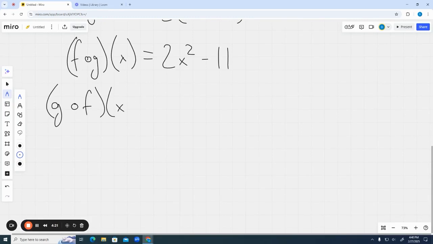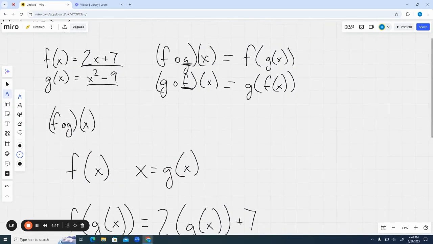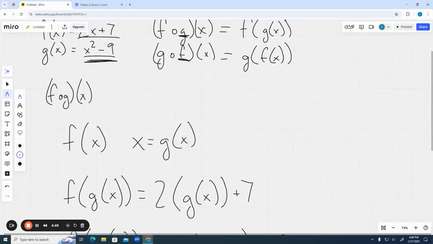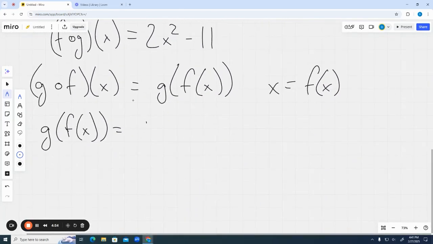And we can do the exact same thing for g of f, right? g of f of x is equal to g of f of x. So we just treat x as f of x, right? So with g of f of x, that would mean that we would take g of x, which is, again, x squared minus 9, sorry.